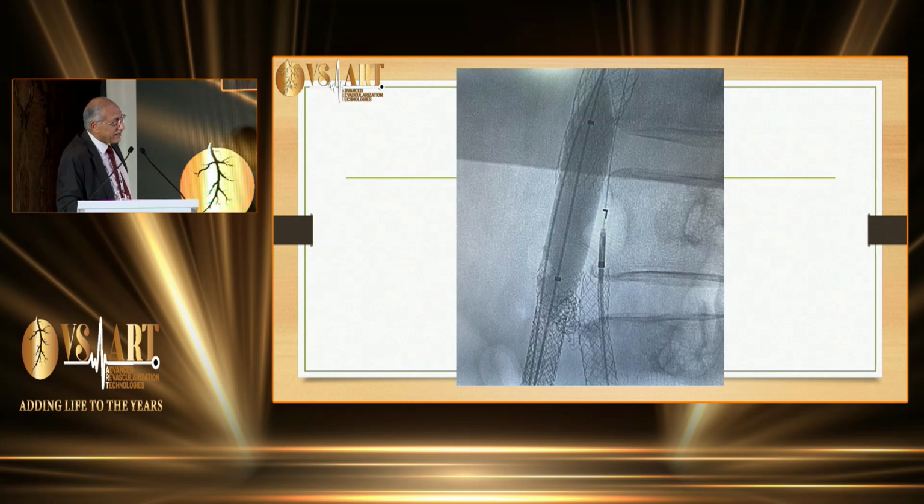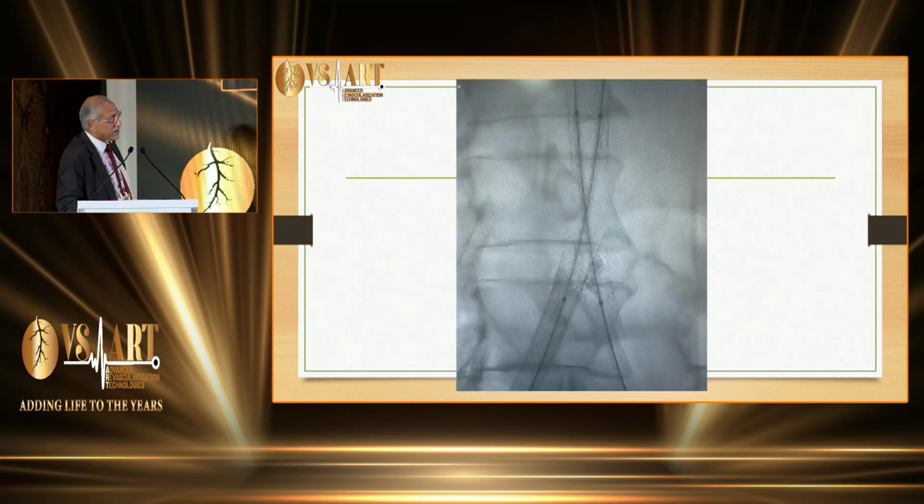The only thing left for us was this Outback: one big balloon from the right side into the aortic stent, and then we punctured the balloon with this Outback catheter, and this was the only way we could cross from the left iliac stent to the aortic stent.